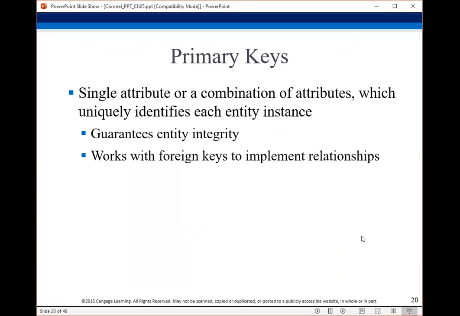So again, just to sum up, we have this idea of inheritance in databases where we can look at two entities, for example, student and instructor, notice a lot of common attributes and very few unique attributes.